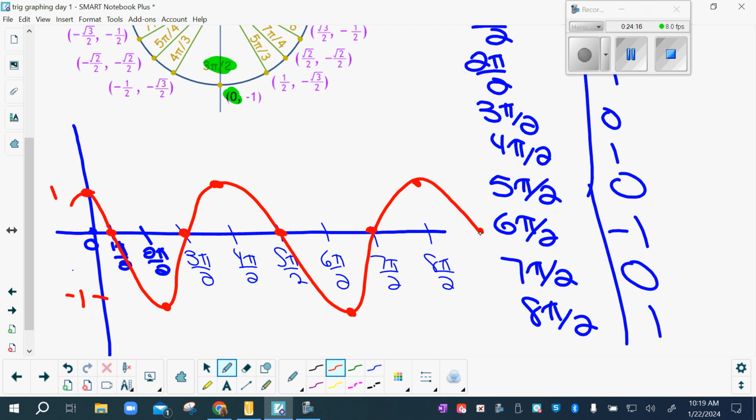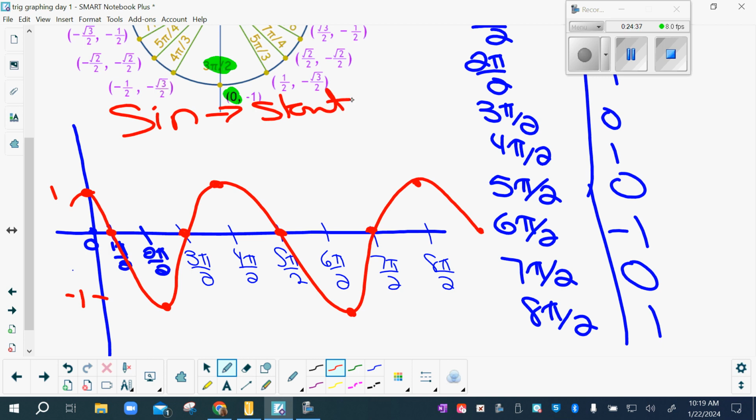Do they work the same way? Sure. Could I change the amplitude and make my waves bigger? Absolutely. Could I flip them over to start at -1 instead of +1? Absolutely. They work the exact same way.